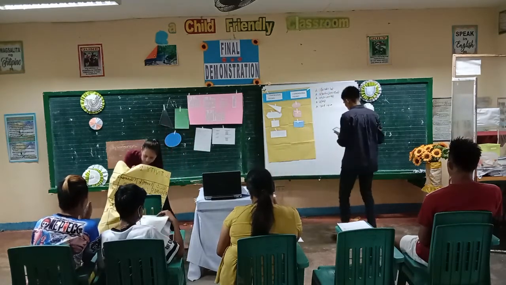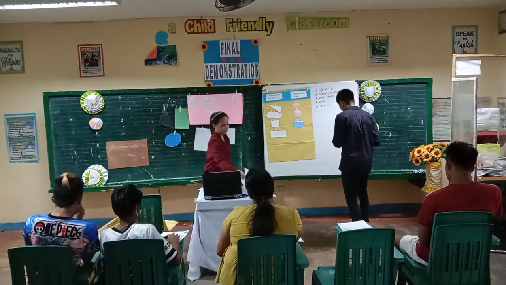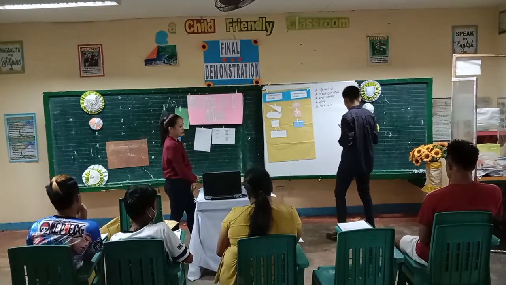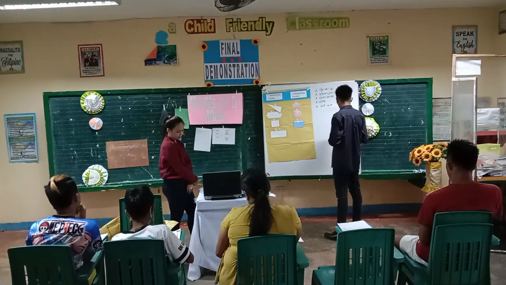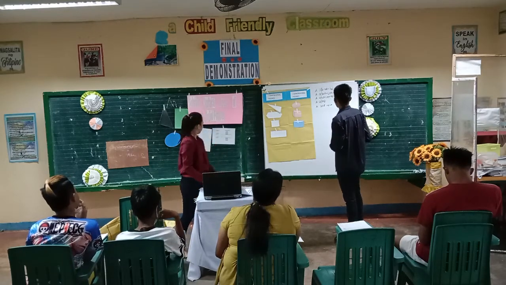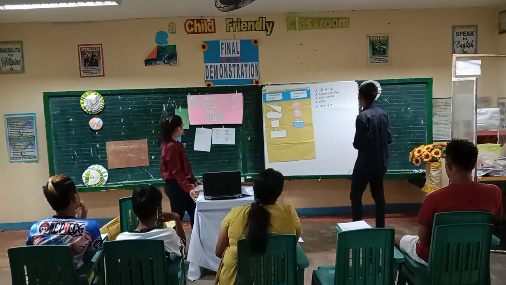So, in the given problem, the area of the rectangular prism is A equals 2 times length times height plus width times height plus length times width.